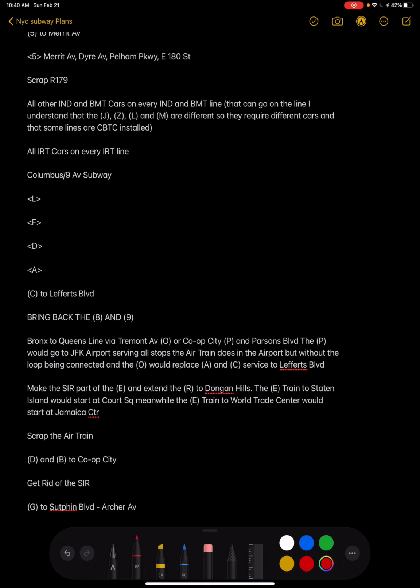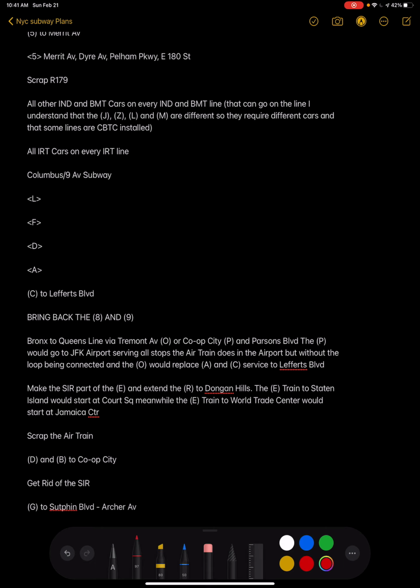They would just stop at the station before Queens Plaza on their route. So the Staten Island bound E train and the non-CBTC E train would start at Court Square with the M, which wouldn't be getting R68s because those can't go on the J, Z, L, or M. I don't know why, but they're just built that way, so I'm not going to mess around with that.